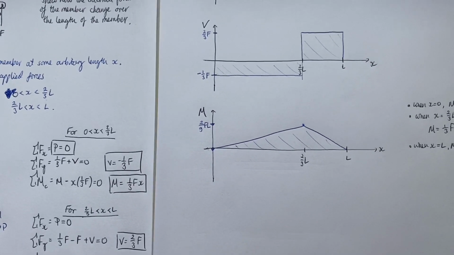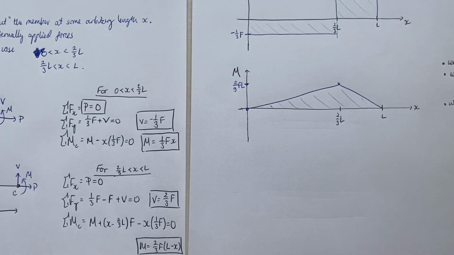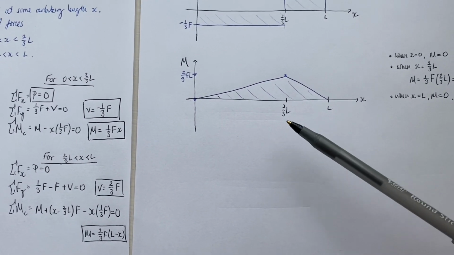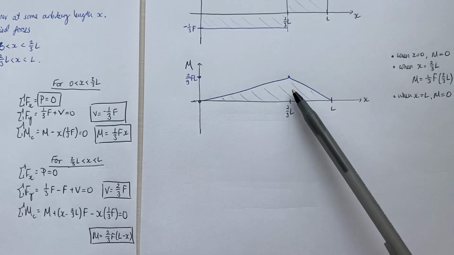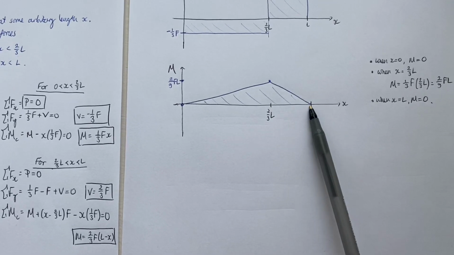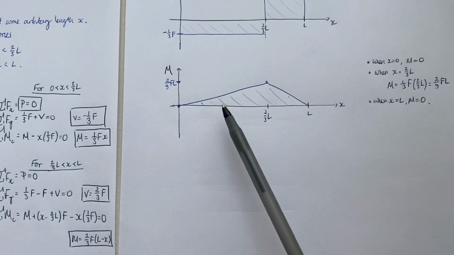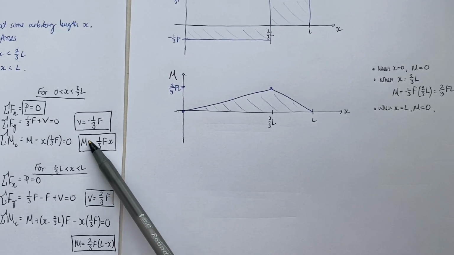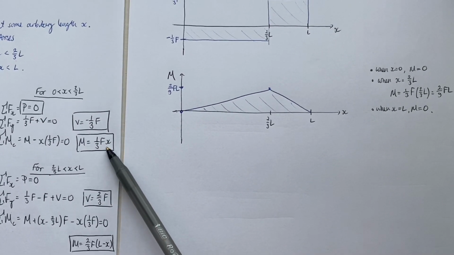And then finally, I've drawn what happens with the bending moment. So a little bit trickier to draw, but if you just consider what happens at the end points and then draw them together, you know these functions are linear. So at X equals 0, M is equal to 0, right, from here.